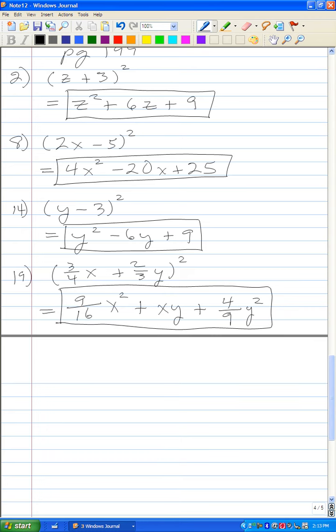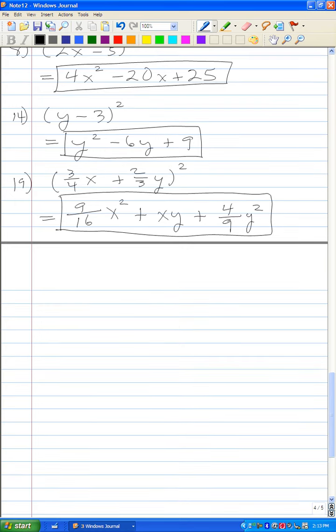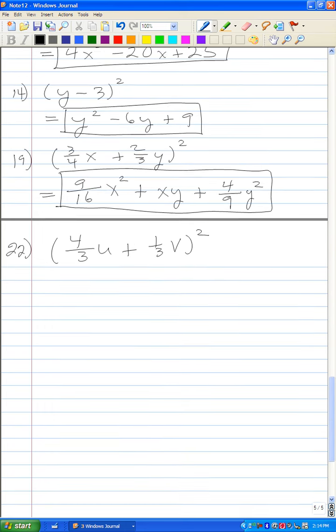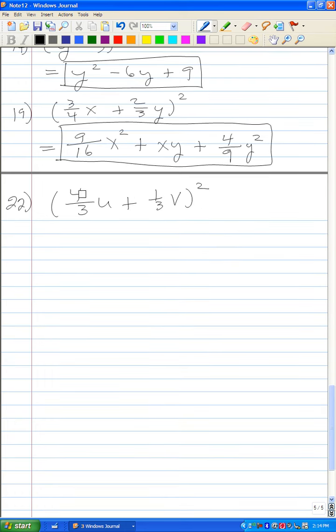Let me do problem number 22. Four over 3u, 1 over 3v, quantity squared. 4 squared is 16, 3 squared is 9, u squared is u squared.